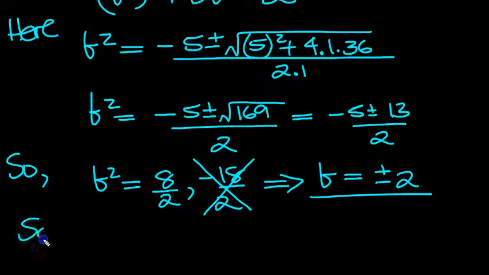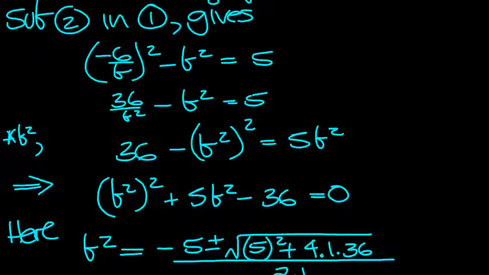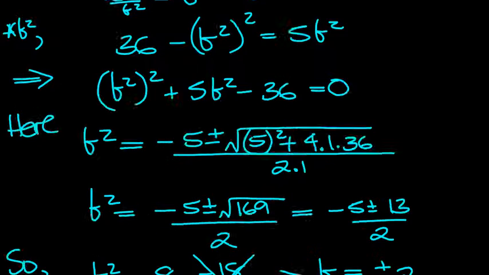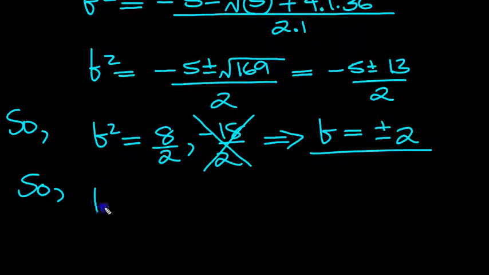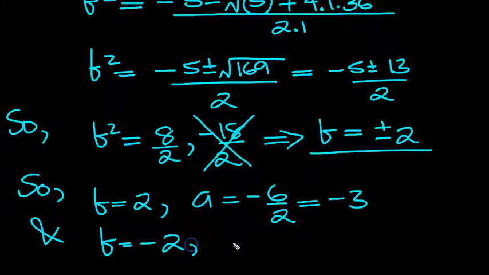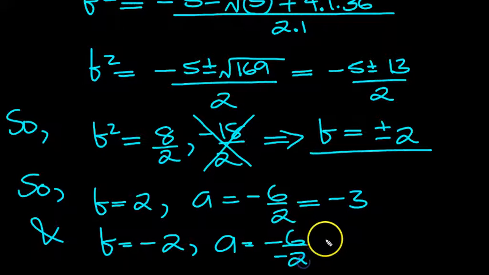And once we know b is plus or minus 2, we can find a, because a is minus 6 over b. So when b is 2, a is equal to minus 6 over 2, which is minus 3. And when b is equal to minus 2, a is equal to minus 6 over minus 2, which is 3.